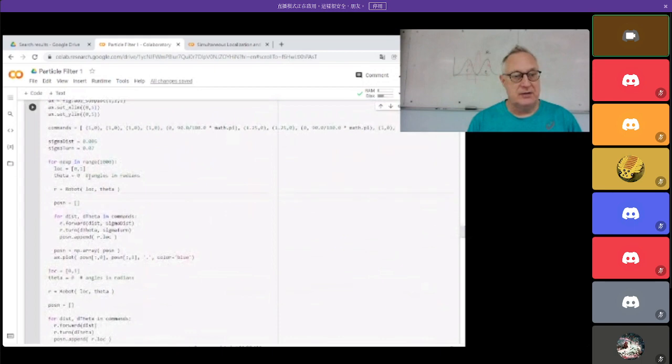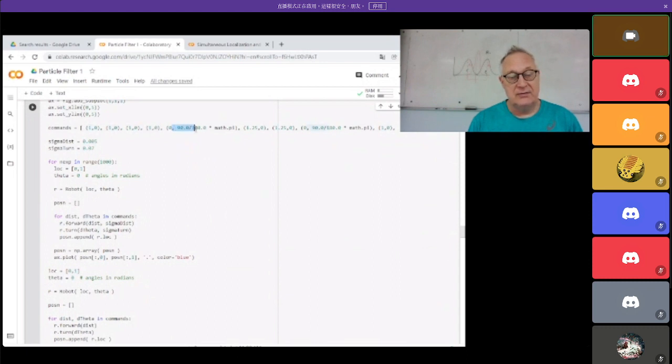So I start the robot at location 0, 1 and 0 degrees. And then I drive it forward by 1 meter. So this is the distance and then the turn. So I drive it forward by 1 meter, 3, 4 times.